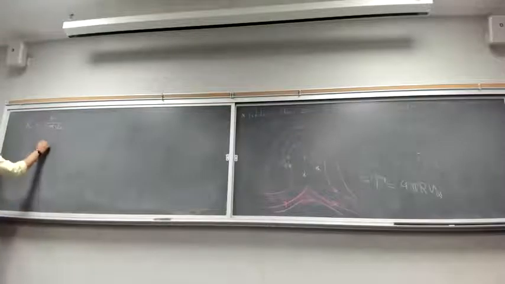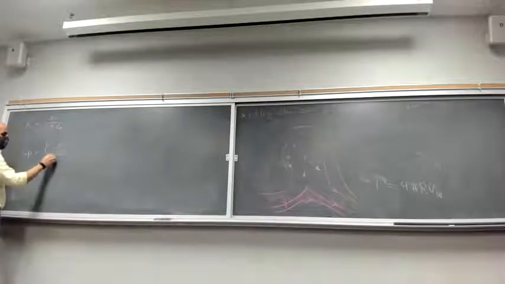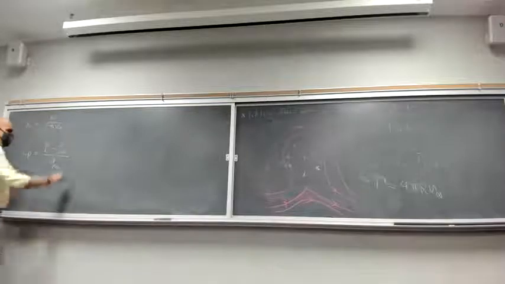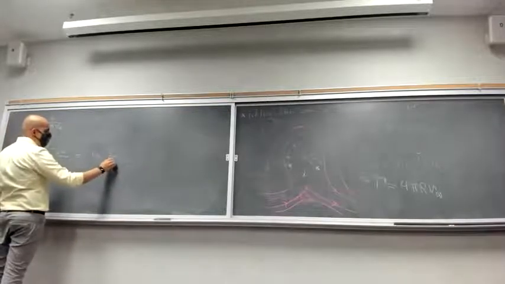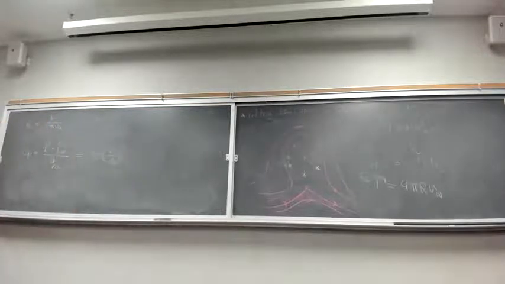What was the definition of pressure coefficient? P, the local pressure at each point, minus P infinity, divided by Q infinity. We showed in the previous lecture that this equals 1 minus V, your local velocity, divided by V infinity squared.